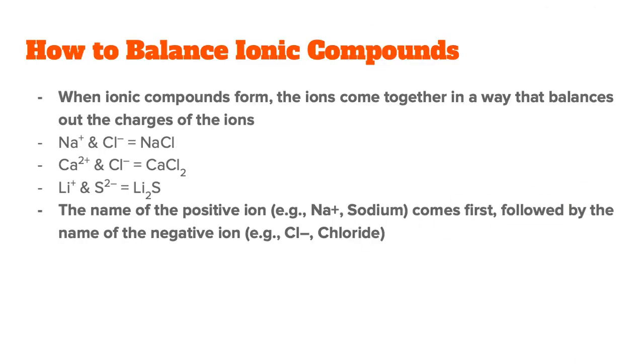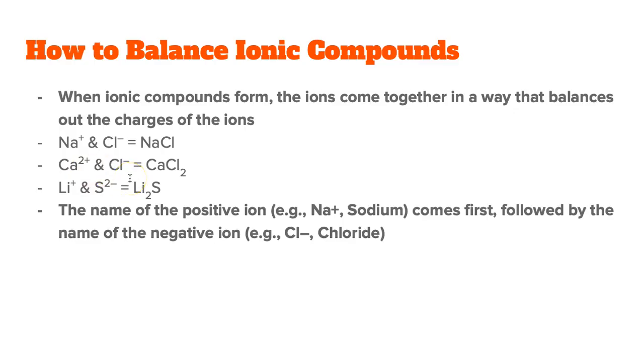And so, how do we balance ionic compounds? Ionic compounds must always be electrically neutral overall. So, for sodium and chlorine, since sodium is +1 and chlorine is -1, it only takes one of each to balance each other. But for calcium, there's a 2 plus charge, meaning there's 2 protons more than electrons.